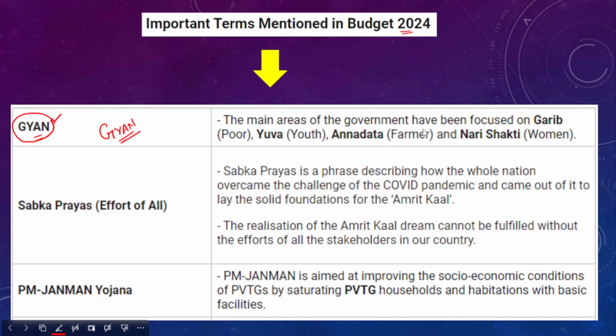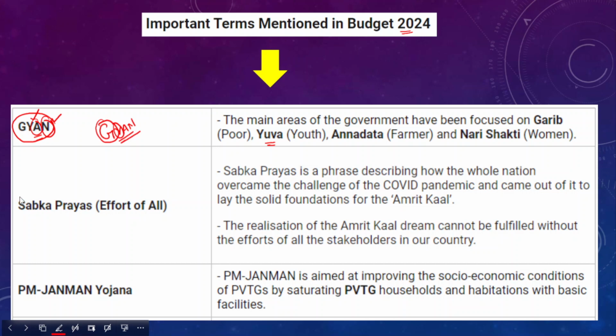G means Garib, Y means young or youth, A means Annadata, who is the farmer, and N means Nari Shakti. So these four categories of people are the focus areas for the government going ahead and in this Amrit Kal.